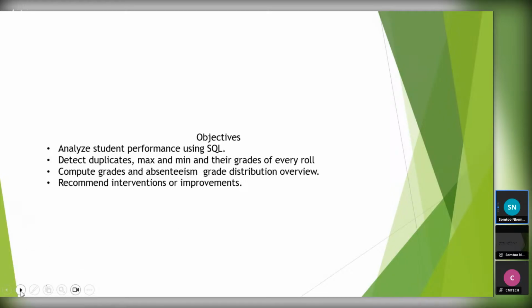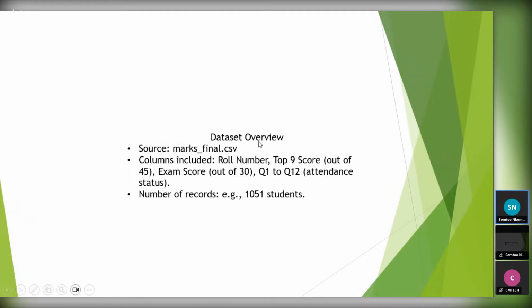The dataset overview was that the source was the Mark Final CSV, and the columns include roll number, top 9 score out of 45, exam score, and question 1 to 12. The number of students was 1,051.